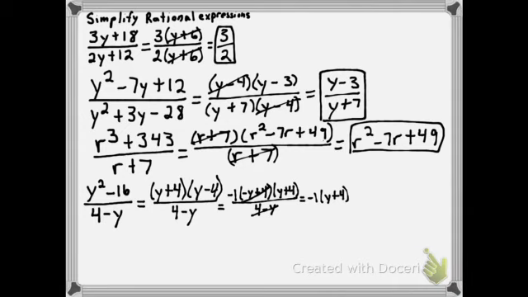Now, we don't really want to leave that as negative 1 times y plus 4. What we prefer to do is clean that up, go ahead and distribute that negative back in. And so what we end up with is a negative y minus 4. Either of these answers are acceptable. I'm okay with either one of those.